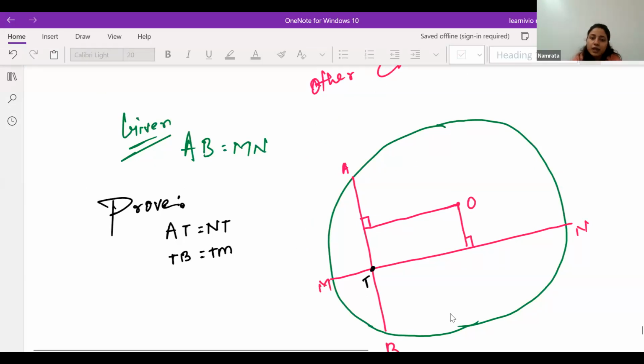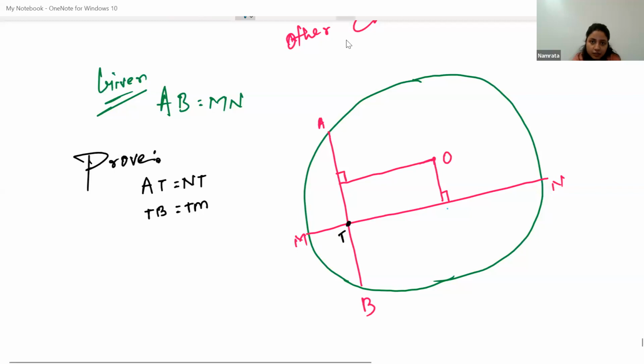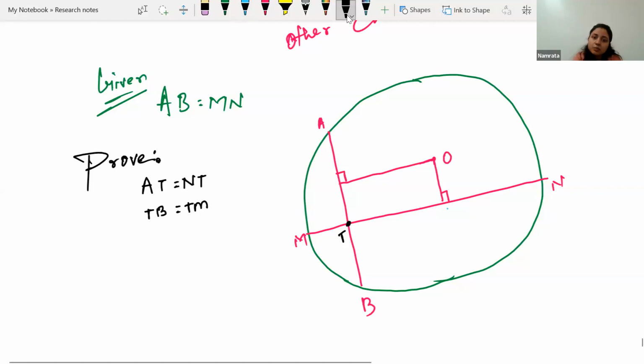So we know that here we are dropping the perpendicular from O. Let's say this is the point S. This is the point P. So once we have dropped the perpendicular OS on the chord AB, we can write that AS and BS will be the same. However, it doesn't look like that in the figure, but it is the same.